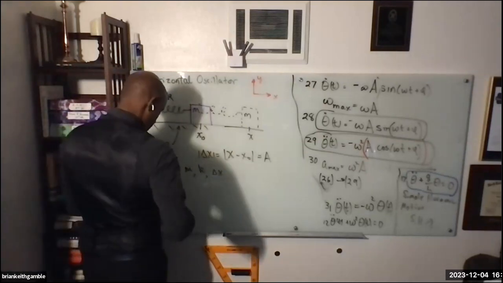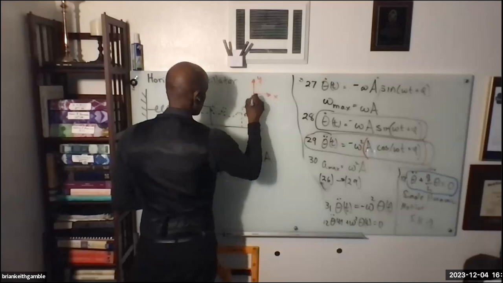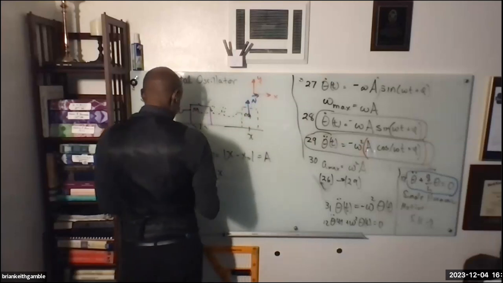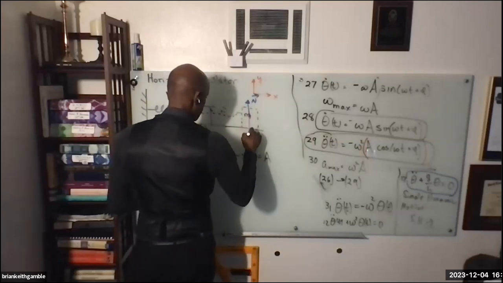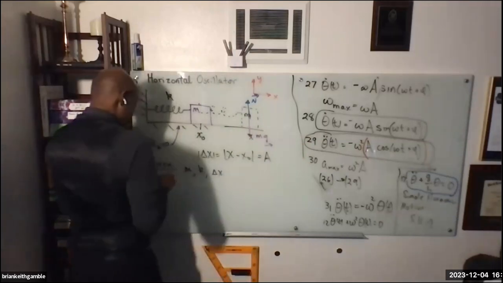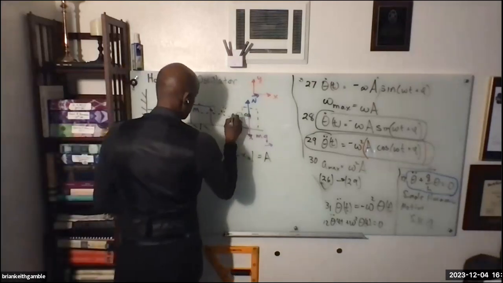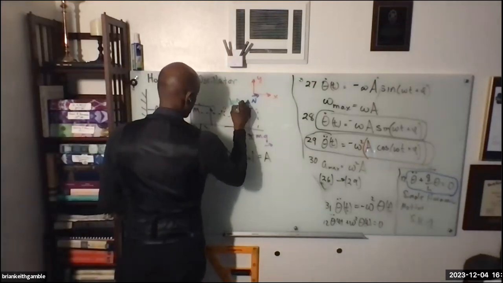So I've got 3 forces: the normal force up, the weight down, mg, and to the left, kx, the spring force. Delta x, really.